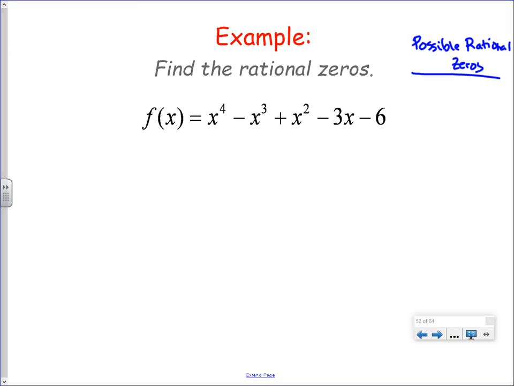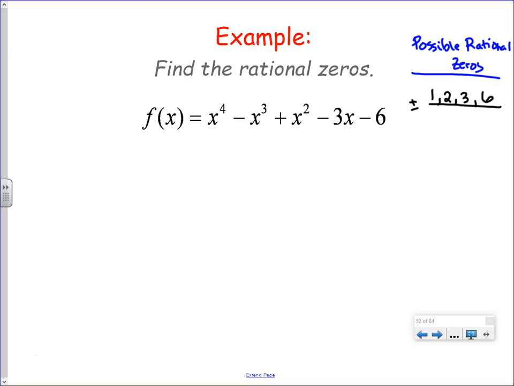We take the polynomial that they've given us, and we say, what are all the different factors of the last term? And what are all the different factors of the first term? And put a plus or minus in front. So, what are all the factors of 6? 3, 2, 6, and 1. Just to be nice and neat, I'm going to go ahead and always put them in order.